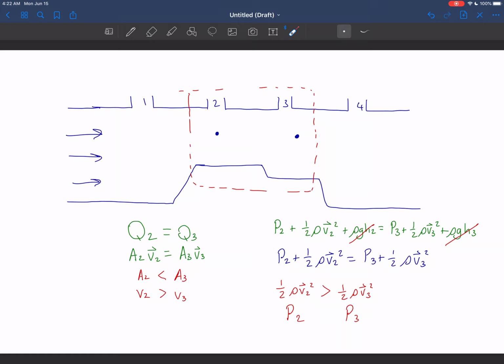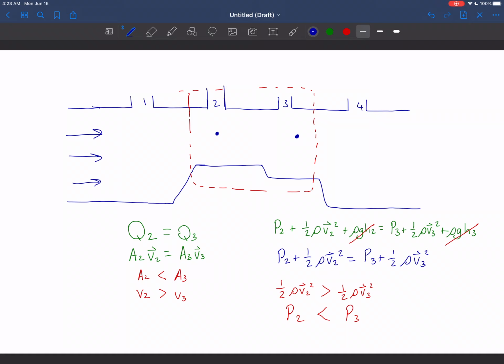Actually, I don't know if what I just said is correct, but here I'll just say the whole thing out. If I know that 1/2 V2 squared is bigger than 1/2 V3 squared, I know that P2 has to be lower than P3, right? So this is what remains true. That was ugly. This remains true, right? So P2 is going to have a lower water level.